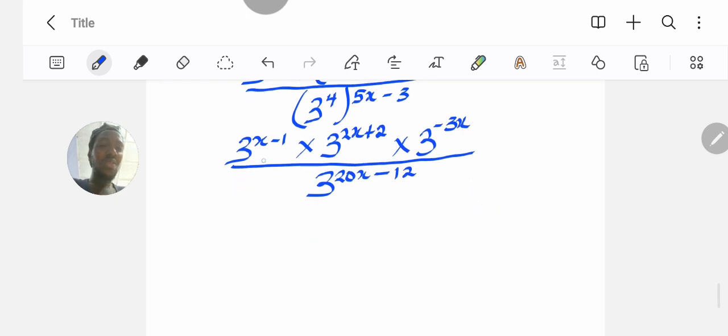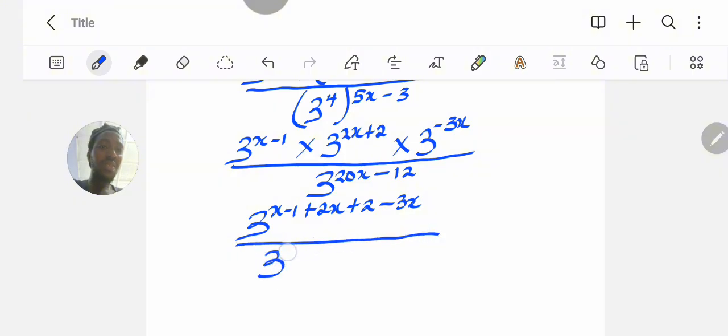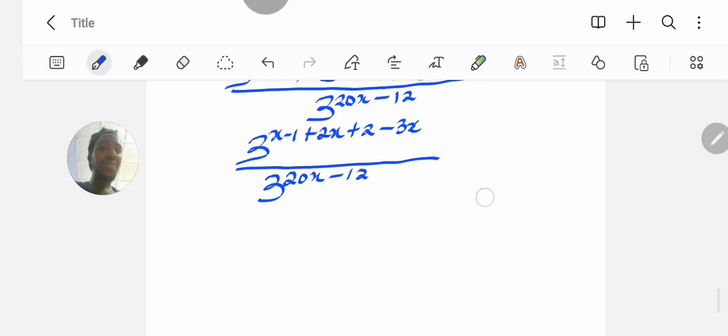Now, if you look at this numerator, base 3, base 3, base 3, so you pick one of the base and you add all the powers. So that's x minus 1 plus 2x plus 2 minus 3x, all over 3 raised to the power of 20x minus 12. Now, if you look at this, the algebra, that's the guys with x, you add and subtract them, then the numbers should do the same.